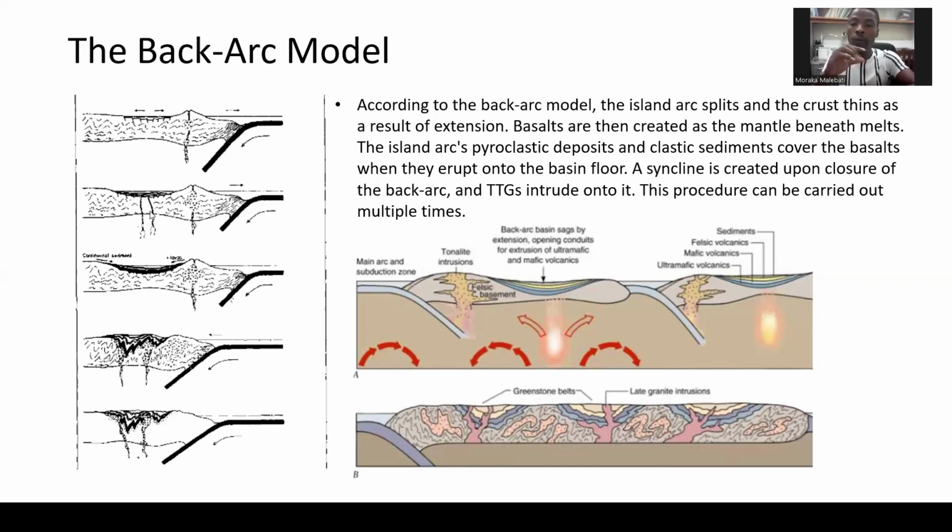Now, because the crust is thin, the basalts will fill this basin.